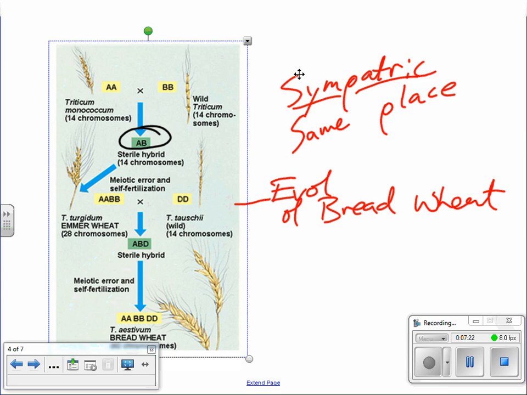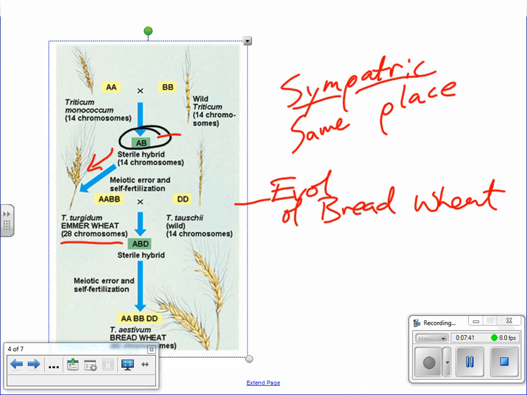So what happened was these two sets of chromosomes duplicated, creating an extra set, and through that mitotic error of self-fertilization, we were left with the first type of wheat in this story, which was emmer wheat.